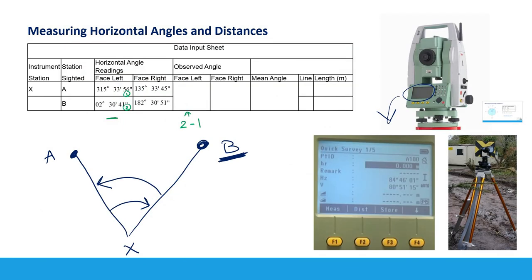Okay, now let's return to the example that we started. In this case, as I mentioned, the second measurement minus the first measurement would be a negative number. 2 minus 315 would be a negative number. In this case I will add 360 degrees to the answer.